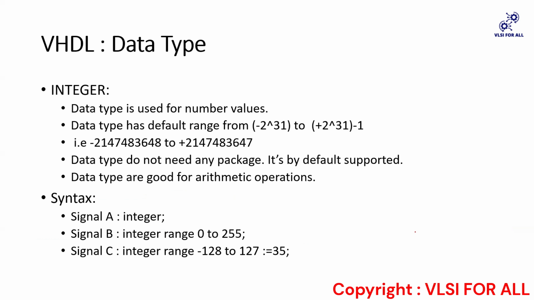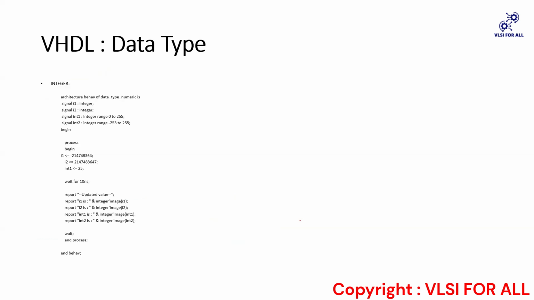For integer also we saw two options, either with range or without range. You cannot go beyond the range. If you go, then you will get an error, an overflow error. This is the code which we saw yesterday.